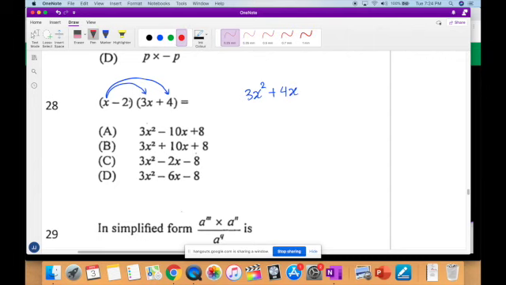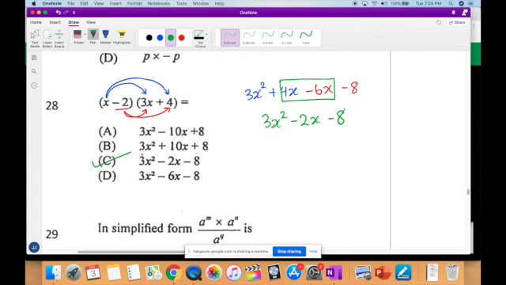And now I take this negative 2 and multiply it by everything in the other brackets. So negative 2 times 3 is negative 6x. And negative 2 times 4 is negative 8. So now I could simplify: 3x squared, 4 minus 6 is minus 2x, minus 8. That is C. You all got this right?